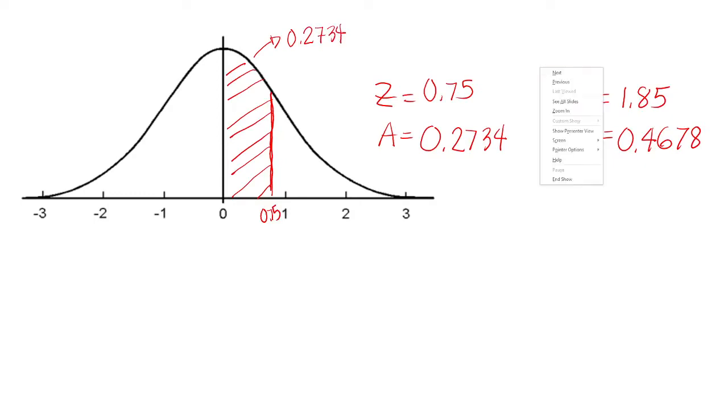Let's locate 1.85. I'm going to change the color of the pen first. I'm going to have blue. 1.85, that's near 2. So meaning, for example, this is 1.85. And the area, take note, starts here.